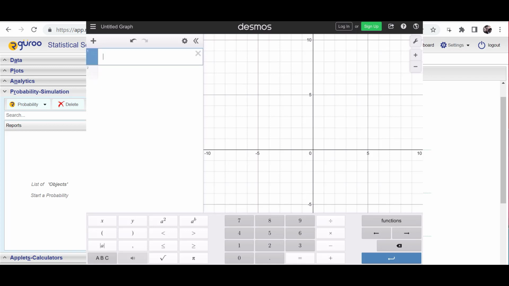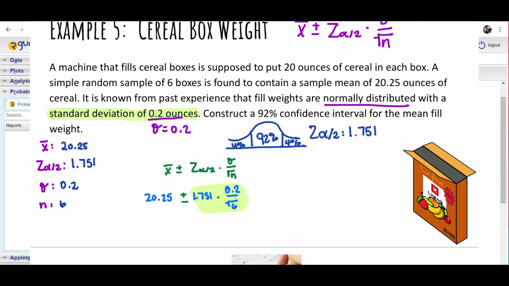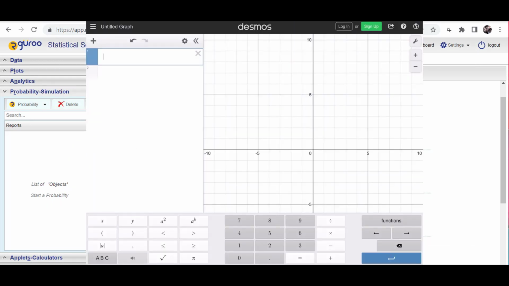So what I would actually do is I would start off with this whole formula, 20.25. And I'm going to do this twice. 20.25. The first time I'm going to do it with a subtraction. So I'm going to subtract the margin of error. The margin of error is 1.751 times, I forgot my point there, 1.751 times, I believe it was 0.2 divided by the square root of 6.